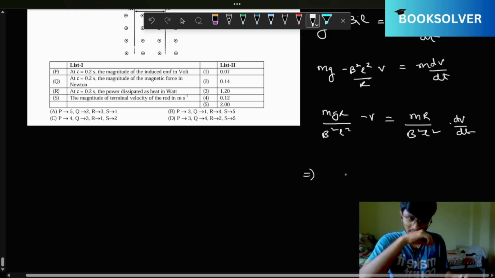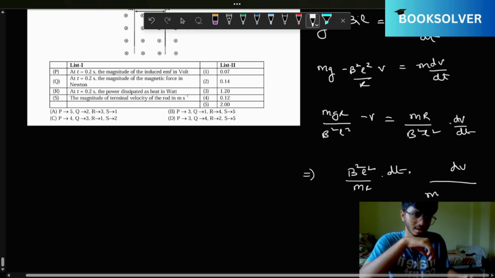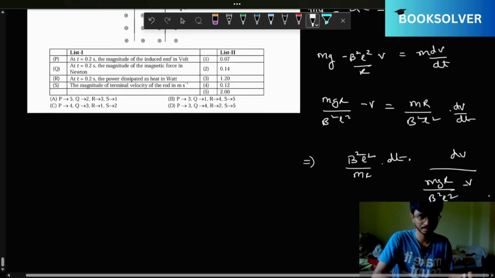So from here we can say that B square L square by mR into dt is equal to dv by (mgR by B square L square minus v).